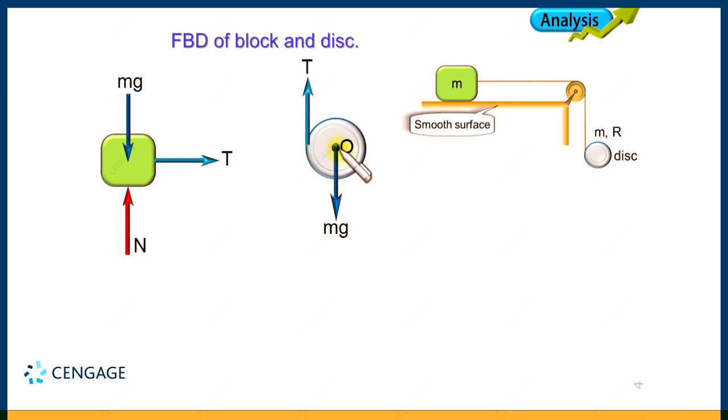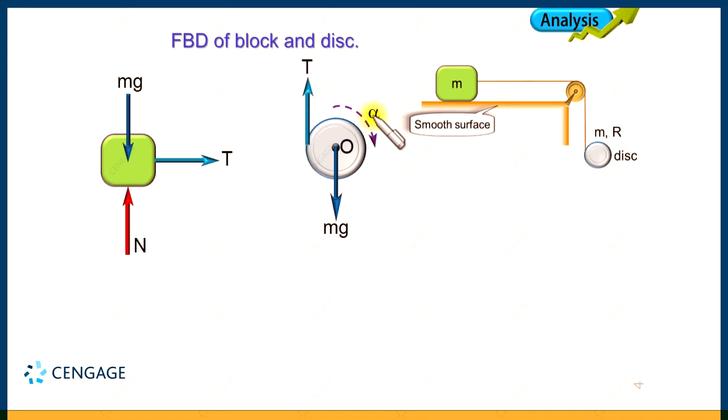We can observe that if we consider the center of this disc and the torque acting on the disc, the torque of the weight will be 0 and the torque of the tension will be in the clockwise sense. That means the rotation of the disc will be in the clockwise sense. So let us assume the angular acceleration of the disc as alpha.